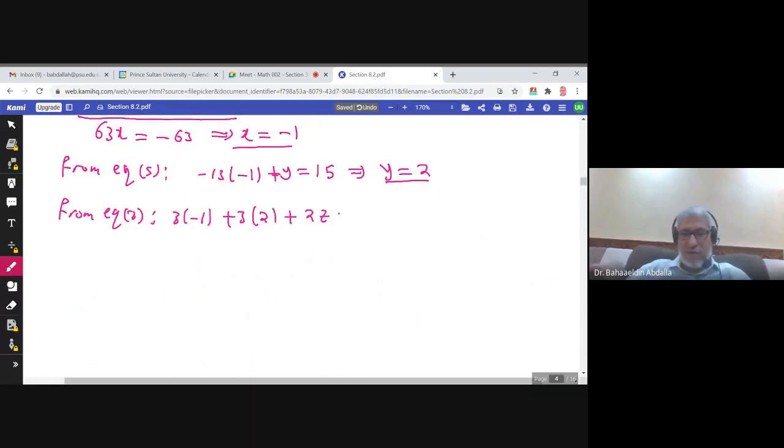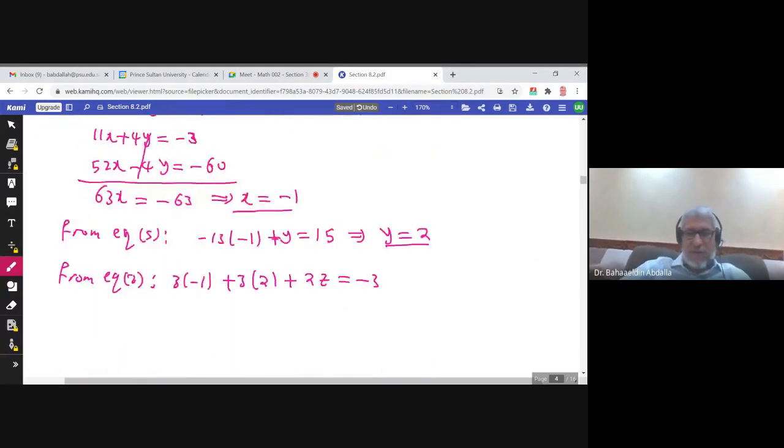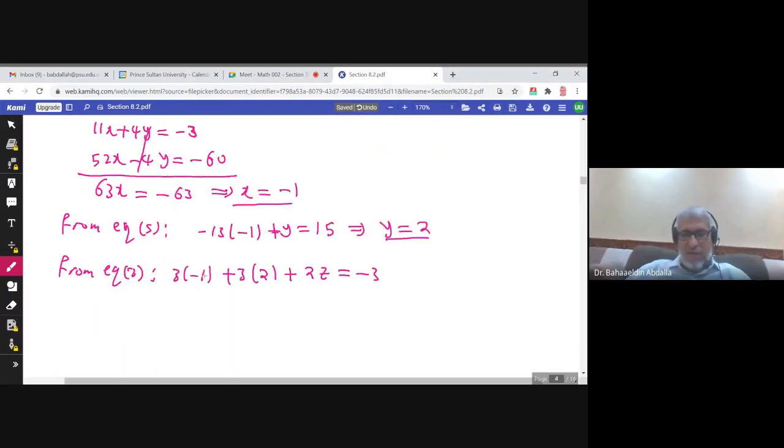Here x is negative 1, and y is 2. This is equation 2 equals negative 3, isn't it? Yes. So what do I have? Negative 3, these two cancel, and 2z would be equal to 6 goes to the other side, negative 6.